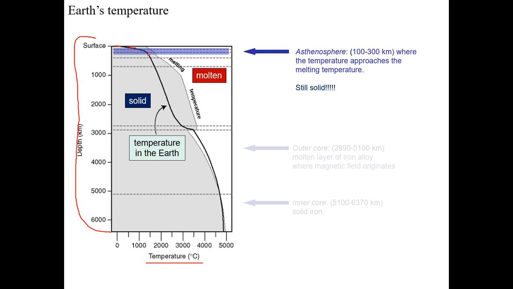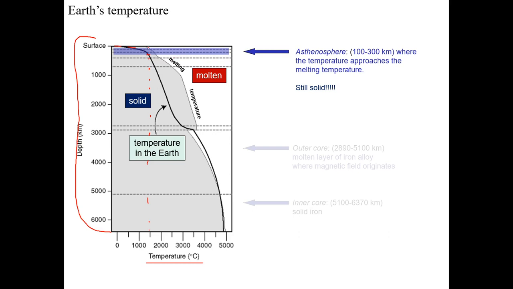By the time you get down to about 200 kilometers down, you're maybe 1,500 degrees Celsius. When you get down to the base of the lithosphere, you're about 1,200 to 1,500 degrees Celsius, something like that.